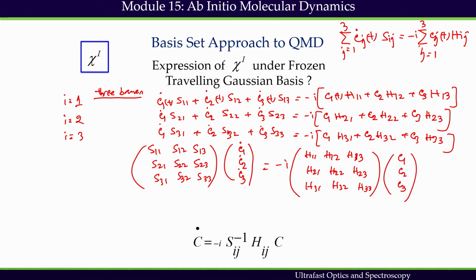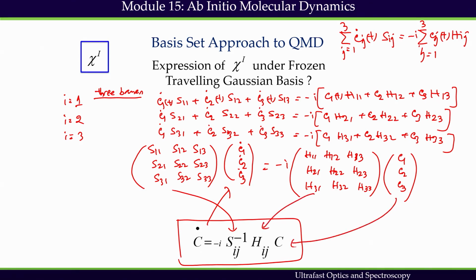So we can rewrite this in matrix form, with this matrix here, this matrix here, and this coefficient vector here.